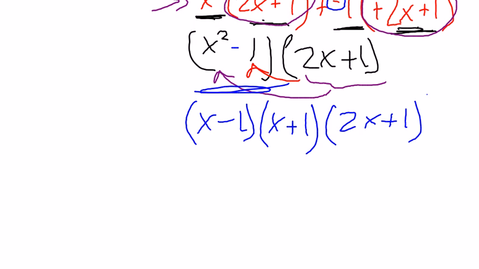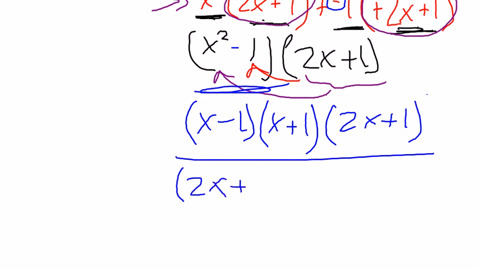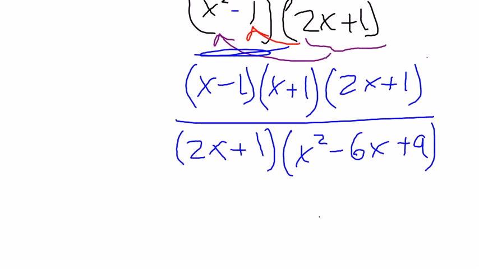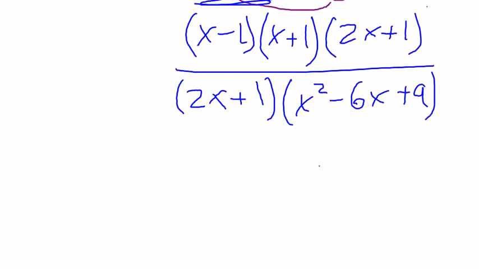So if we go back to the question, that was our numerator over our denominator, which we were given as 2x plus 1 times x squared minus 6x plus 9. That first term in the denominator is already as factored as it can be, but we can certainly factor that term.